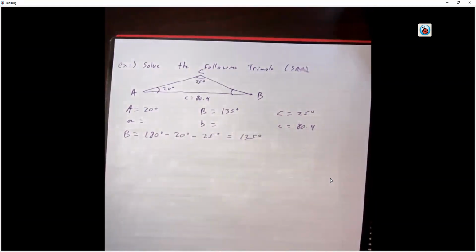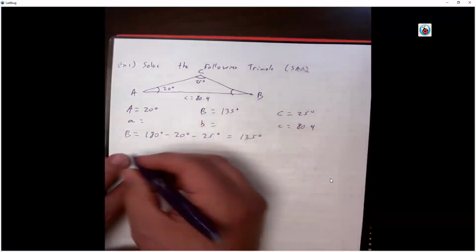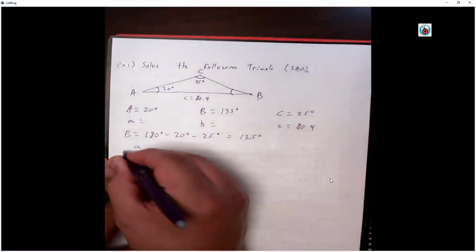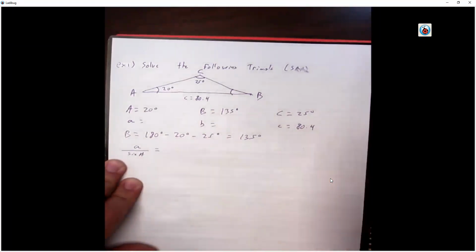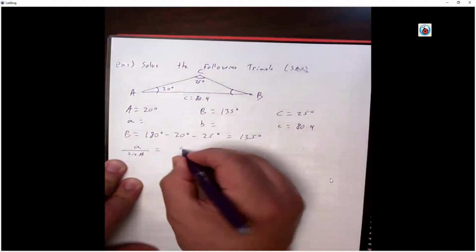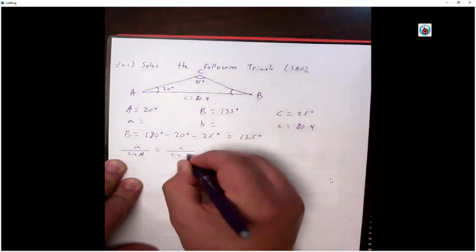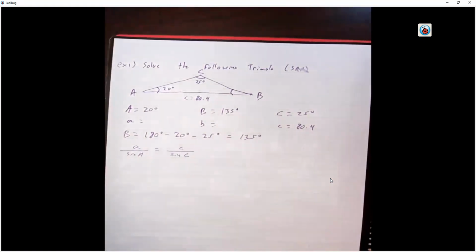So start the ratio. The law of sines says that little a over sine A, I can set that equal to little c over sine C. Kept it in general. That's what the formula says. They're all equal. I'm going to isolate little a in general terms and then plug everything in after.